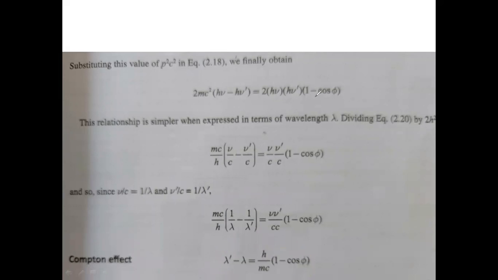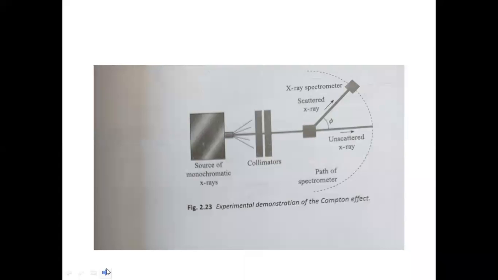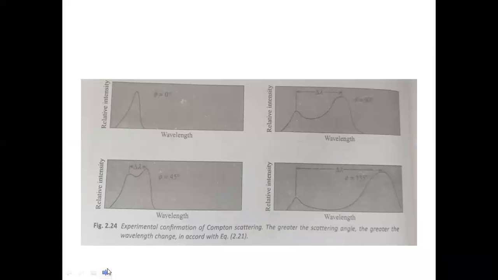So this was the Compton effect, and I have also taken a numerical problem here, which is this: X-rays of wavelength 10 picometers are scattered from the target. Find the wavelength of X-rays scattered through 45 degrees. So let us do this question first.